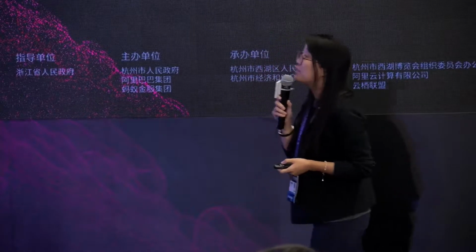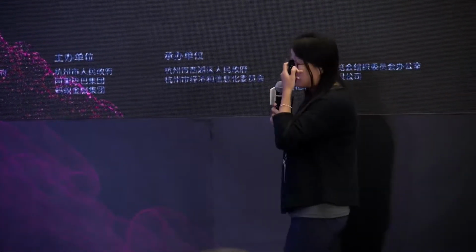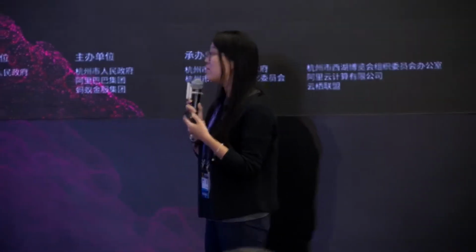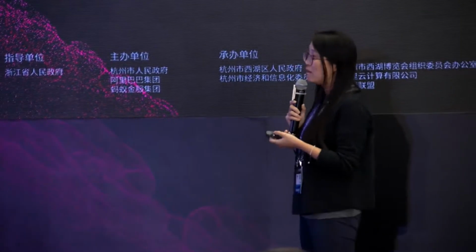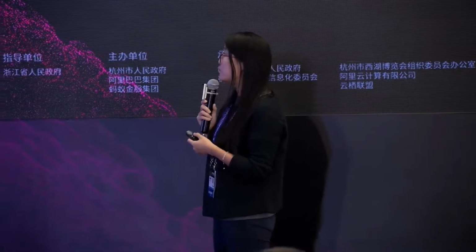This is the Ali Cloud Container Cluster Managing Platform. Actually, we are not very familiar with the architecture diagram of this platform, but you have to know how to use it.